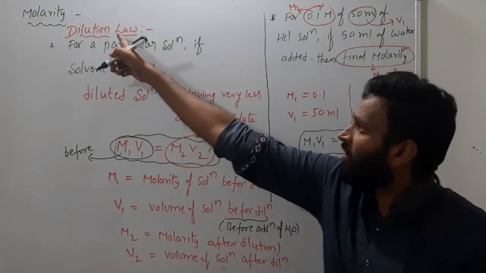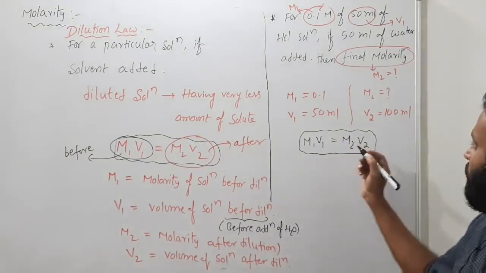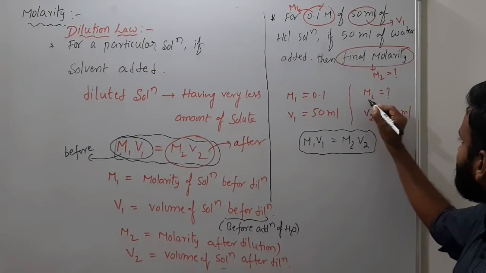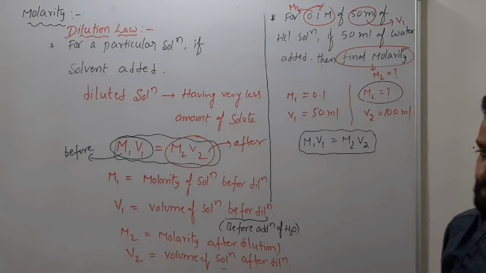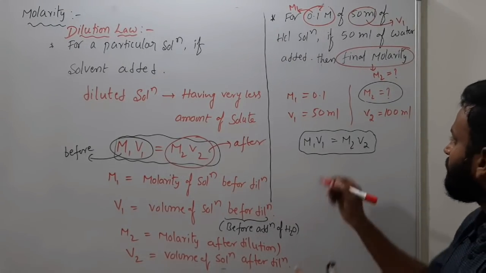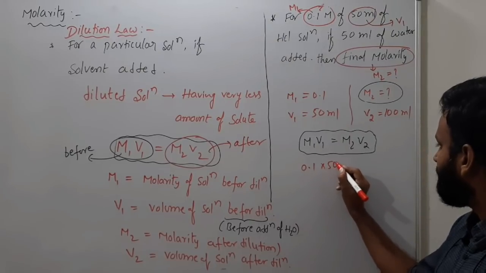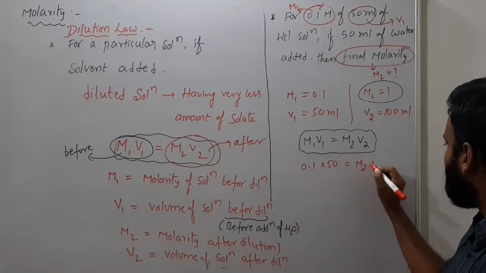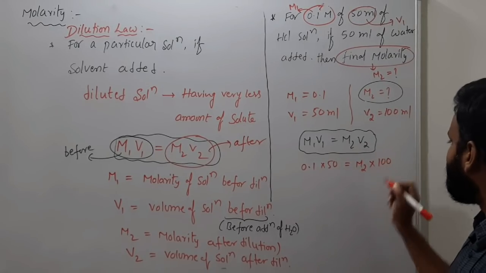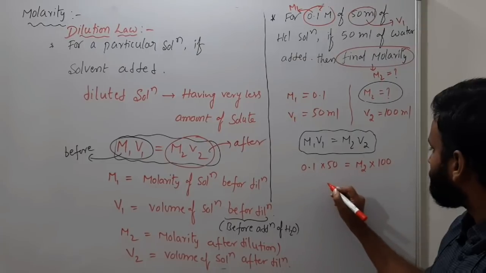So we have the dilution law, M1V1 is equal to M2V2. Final molarity means M2 is the question. So M1 is 0.1 into 50, M2 I don't know, and V2 is 100. Got it clear? So you have M2 here.